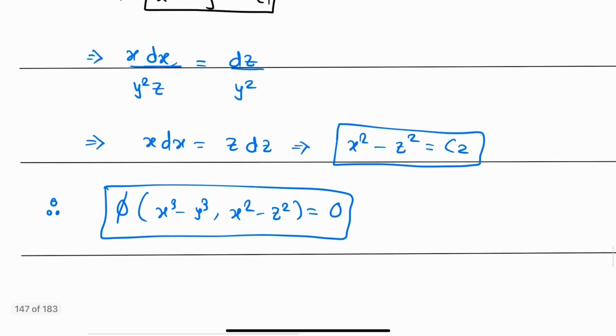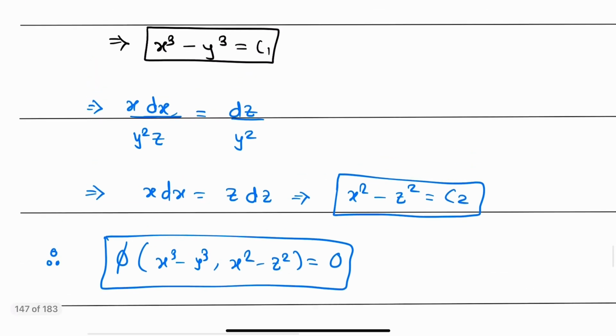What I have written here is phi of c1, c2 equals 0, where c1 is x³ minus y³ and c2 is x² minus z². This is the solution of our first problem to solve a partial differential equation, and it is of type 1.